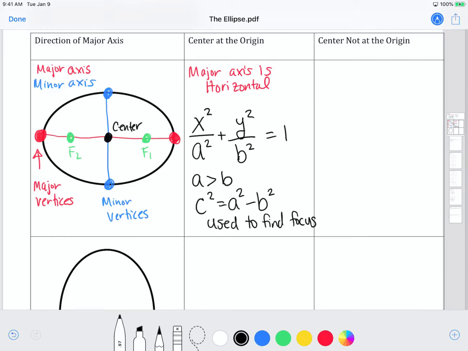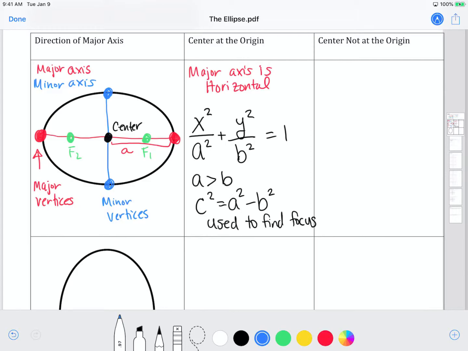Now, the A and the B helps us determine the length of the major and minor axes, which also helps us find the vertices. So when you look at your ellipse, if it's running horizontally, that means your bigger number is under the x term. So whatever your value of A is, that is the distance from your center to your major vertices.